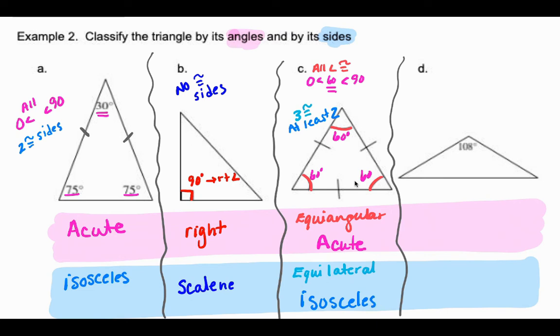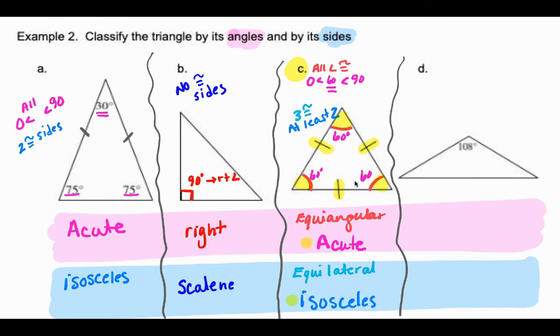So this triangle is a very special circumstance. When you have a triangle that has all the sides and all the angles marked the same, it ends up with 4 classifications because there are 2 angle classifications and 2 side classifications.